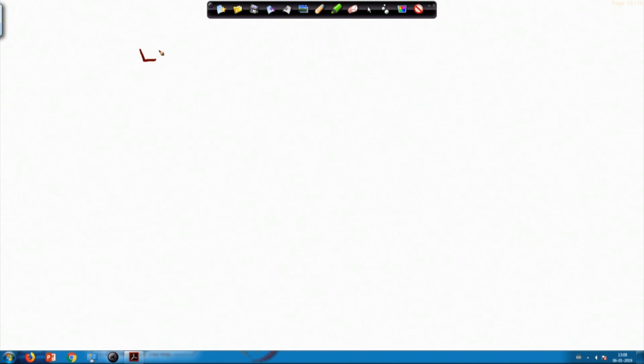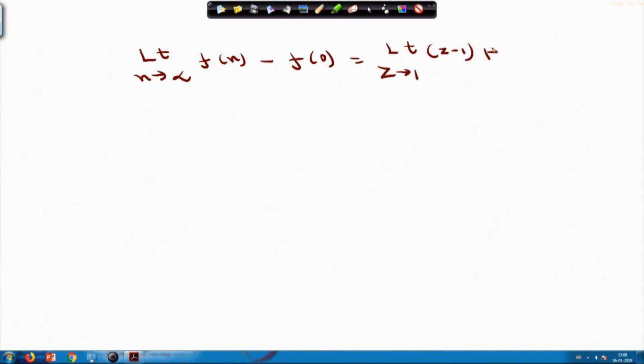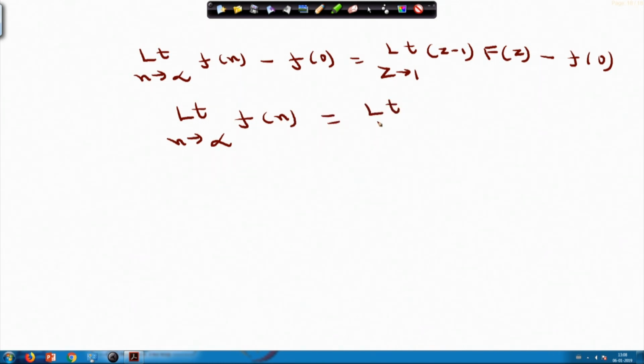On the left hand side, there will be limit n approaches infinity f n minus f 0, which equals limit z approaches 1 z minus 1 into f z minus f 0. Therefore, f 0 will be cancelled, and limit n approaches infinity f n equals limit z approaches 1 z minus 1 into f z, provided both the limits exist.